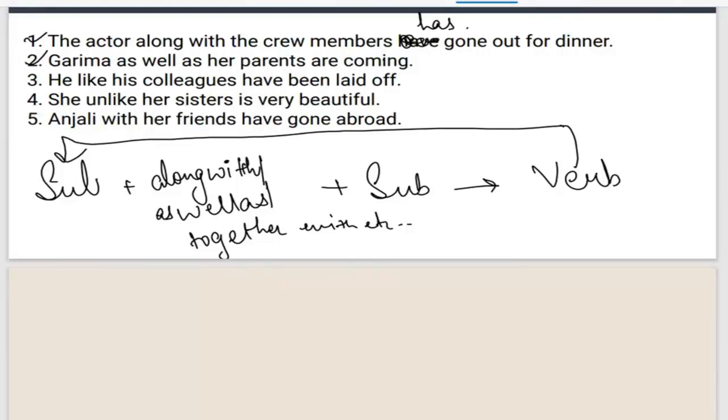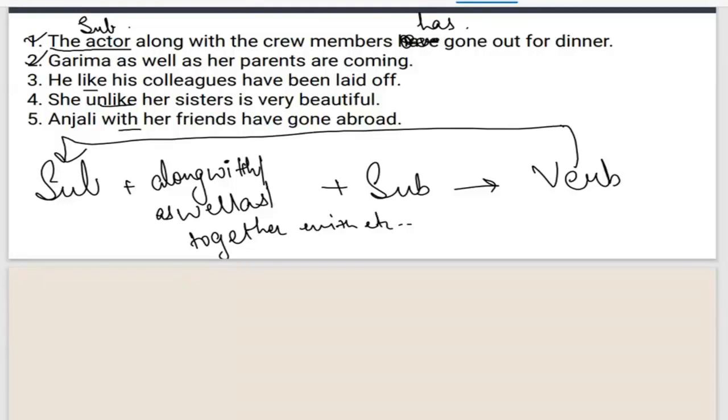Now we'll see the application of this rule in a sentence. What I am saying is, when two subjects are connected with conjunctions like along with, as well as, together with, accompanied by, like, unlike, with, etc., the verb agrees with the first subject.